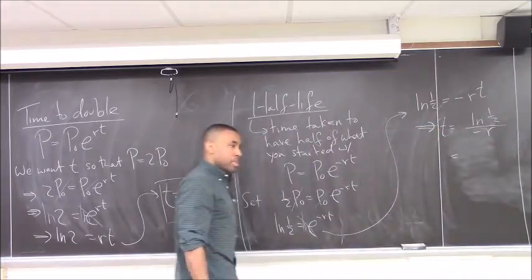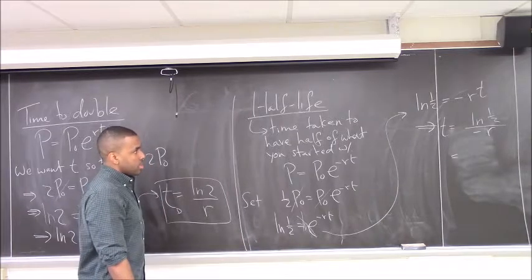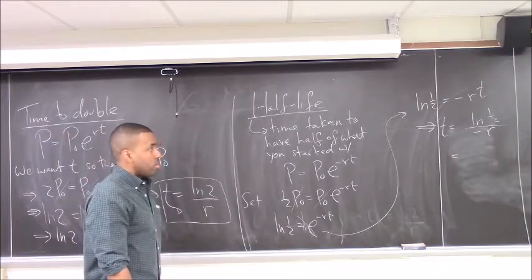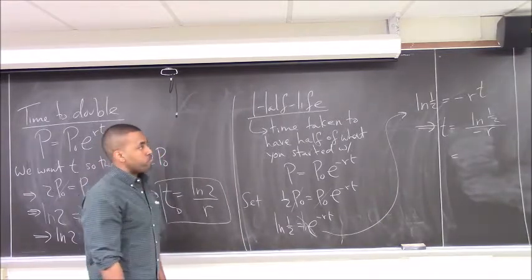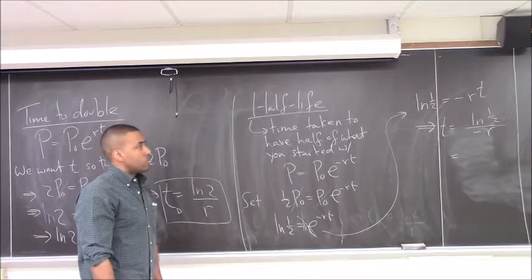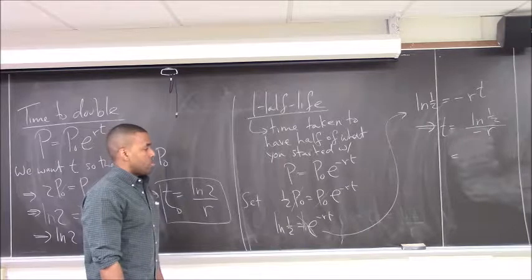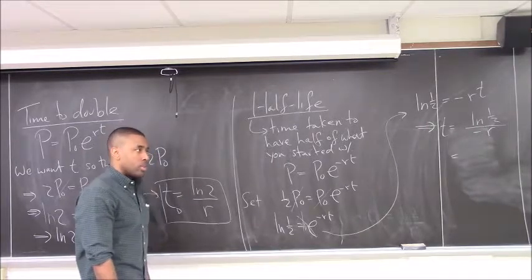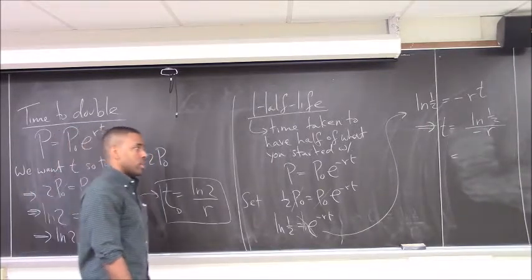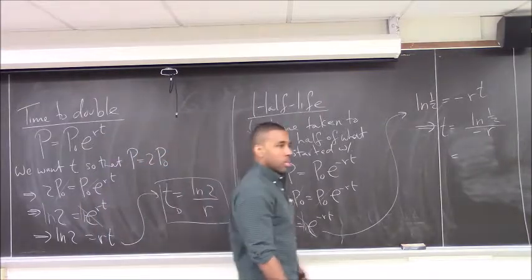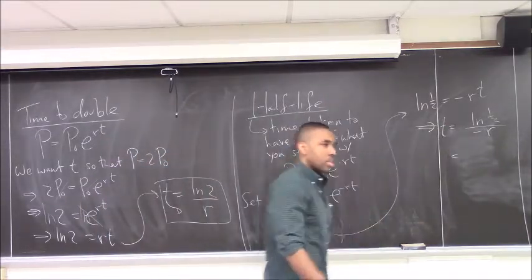And I claim that's the same as ln2 over r. How would I get to ln2 over r from that? In the formulas I said half-life is equal to ln2 over r. Here I have ln half over -r. How can I simplify that?